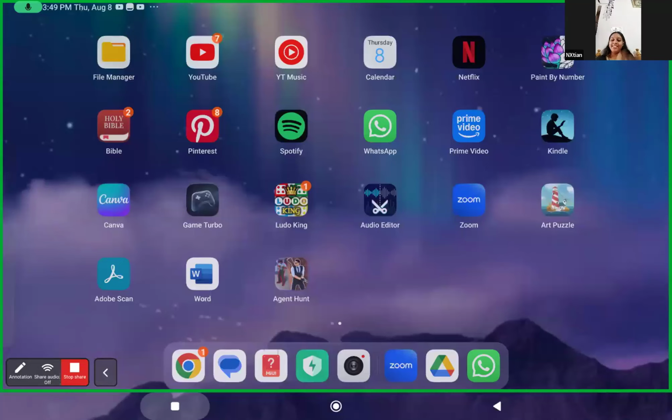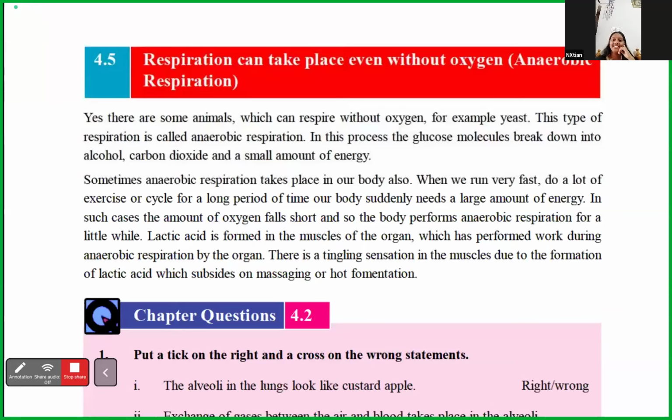Because they are all very important. They are all really important because the respiration diagram is asked most of the time in the examination. I remember when we used to give our science exams in 9th and 10th standard, every single time, the respiration diagram was always there.